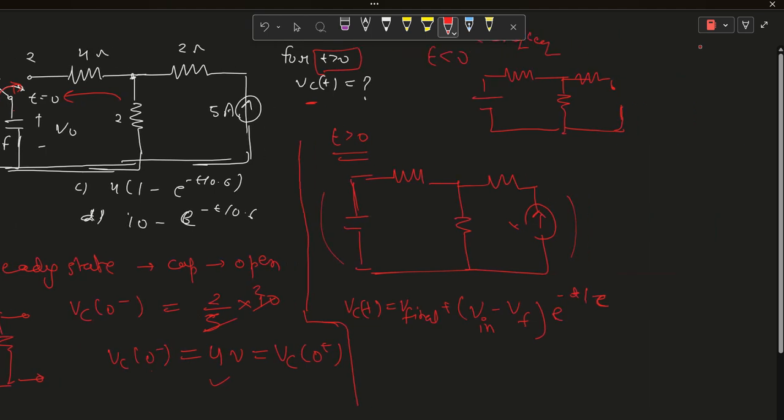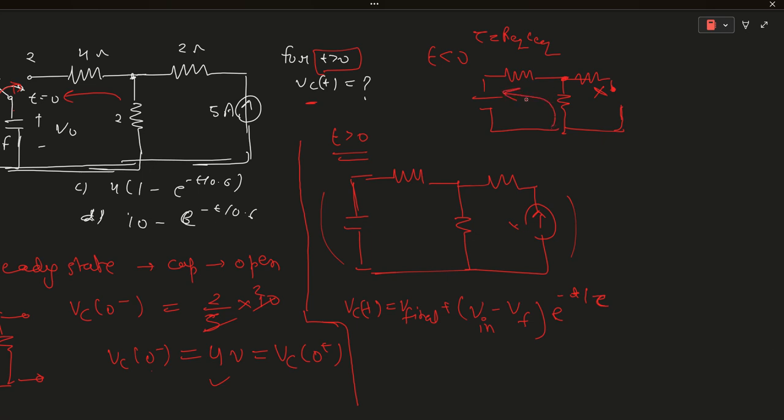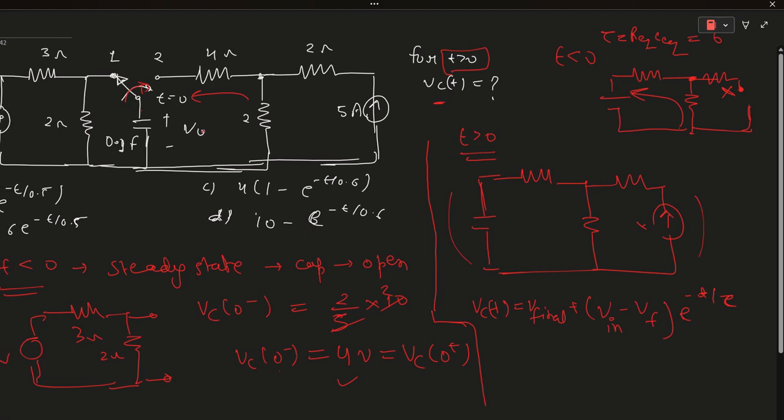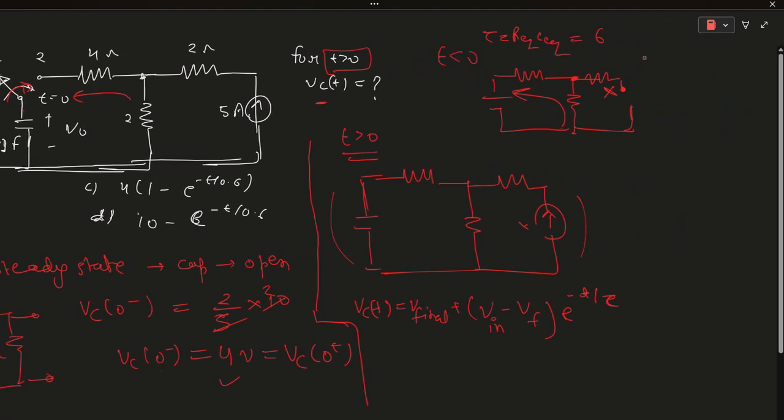If we see this resistor, one node is connected here and one node is a free node, so we would have to consider this node in our tau equation. So R equivalent is these two resistors in series, so they add up, which is 6 ohm, and the capacitor is 0.1 farad.